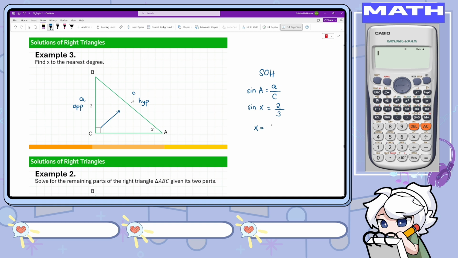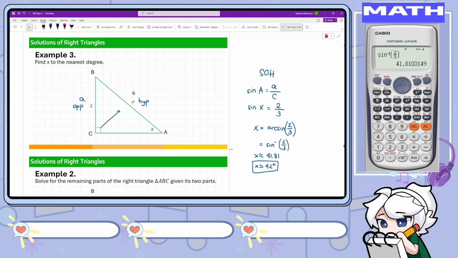If we want to solve for x, we use arcsine of 2/3, or in your calculator it will look something like this: sine raised to negative 1 of 2/3, wherein you press shift then sine, then input your fraction, in this case this one. Thus the answer is approximately x is 41.81, or if the instruction says to round to the nearest degree, x is approximately 42 degrees.